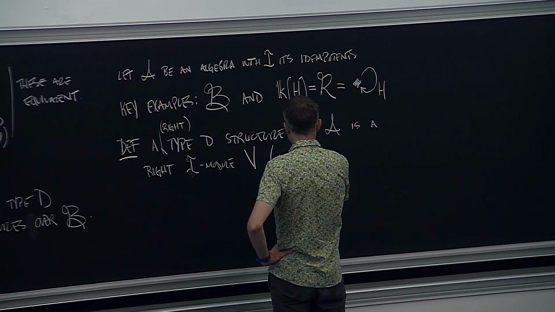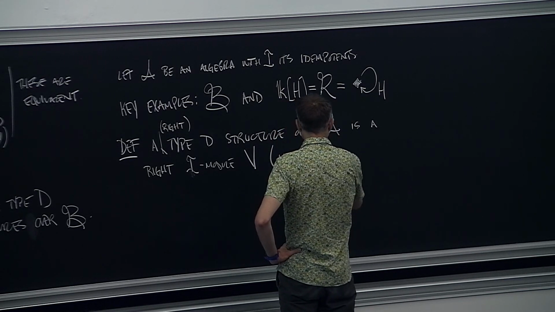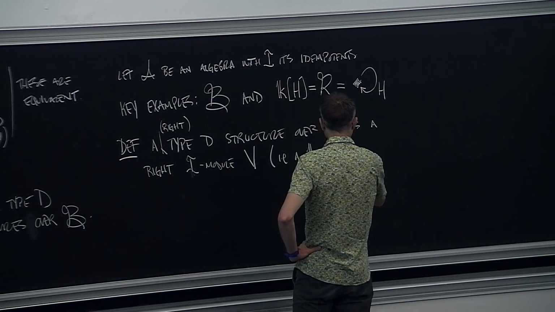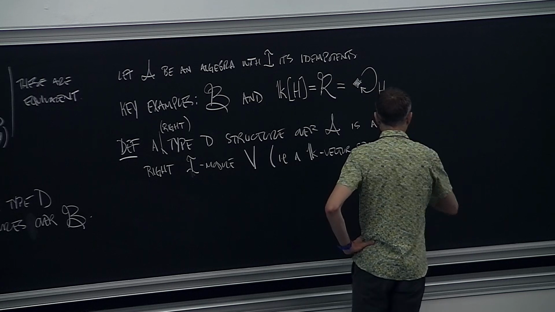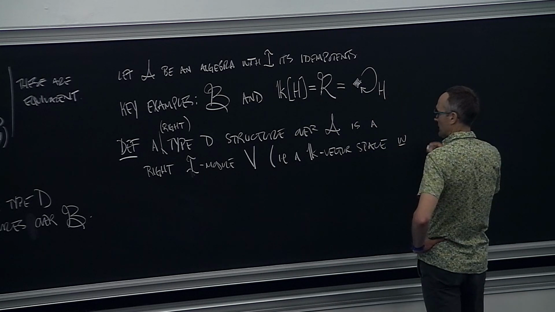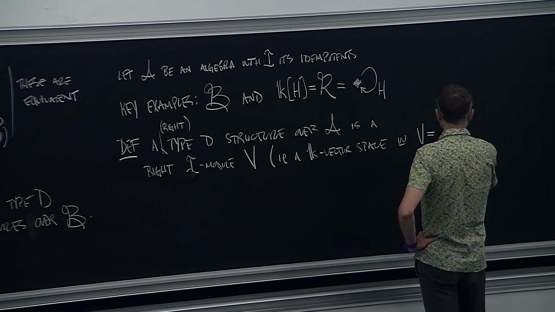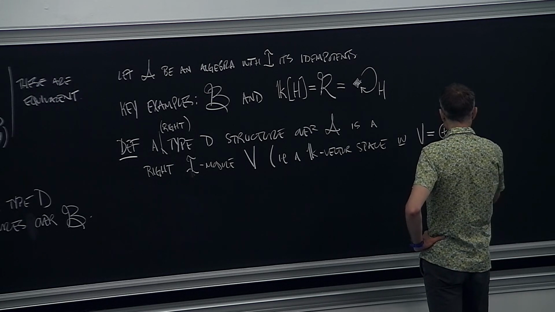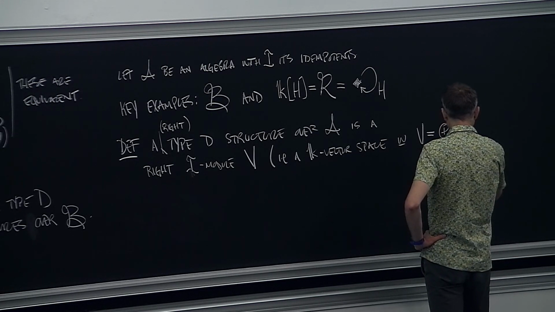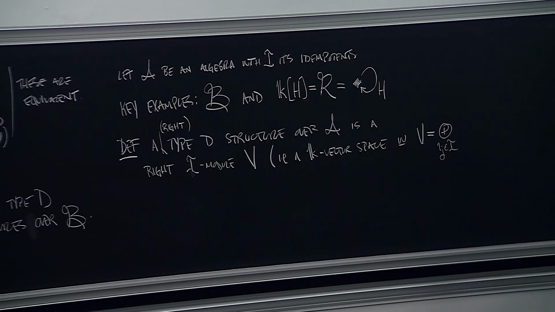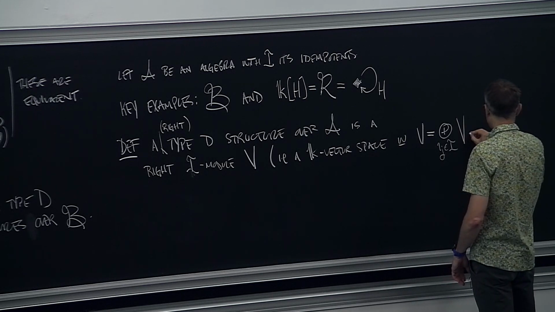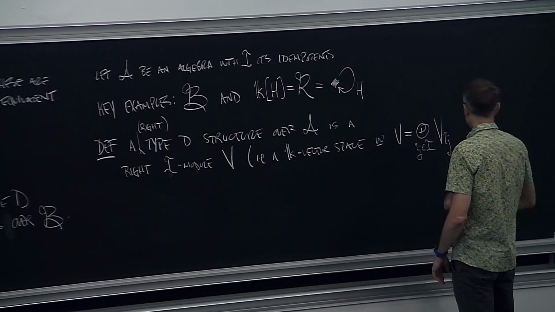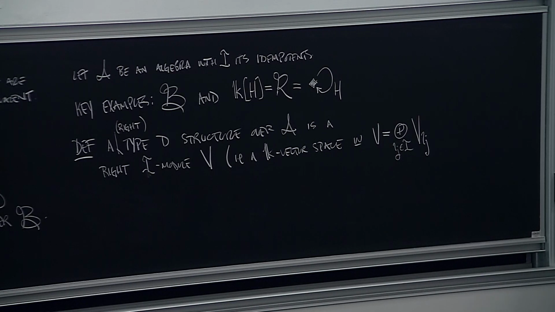This is, i.e., a K vector space that comes with a decomposition that looks like V, and then here I'm going to take idempotents in the ring. So take a bunch of basic idempotents, one for each of the vertices of this quiver, and write that as a sum over these, decompose that into pieces according to the idempotents.